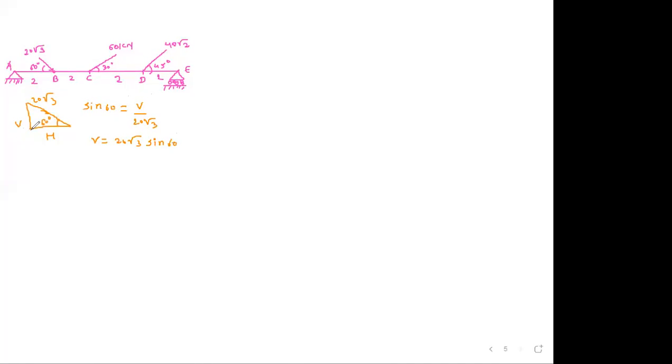Now we will talk about this H. H means cos 60, which is equal to H divided by 20 under root 3. So H is equal to 20 under root 3 into cos 60. So accordingly you calculate and tell me V is equal to, and H is equal to how much.